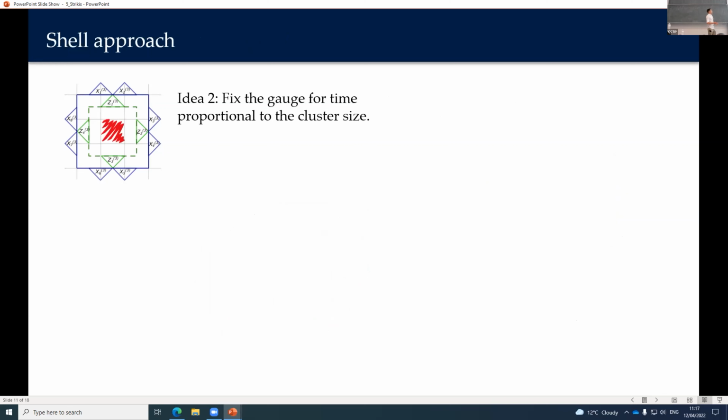Now the second idea was that, to make it again more homogeneous between space and time, we will try to gauge fix proportional to the size of the cluster. The bigger the cluster enclosed by the superstabilizer, the longer we will measure it in some specific gauge before we switch to the other gauge.